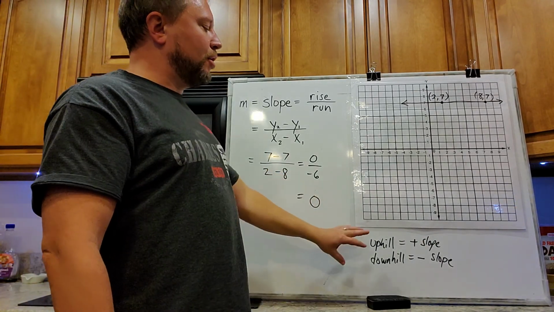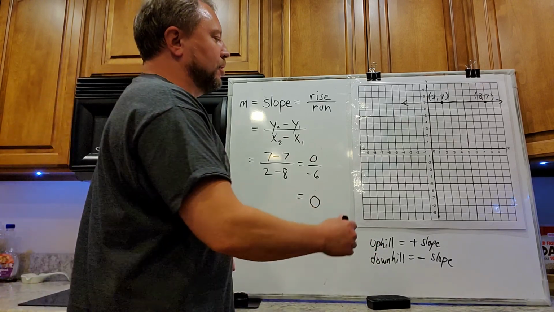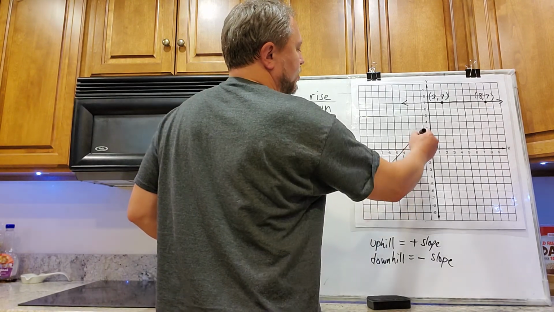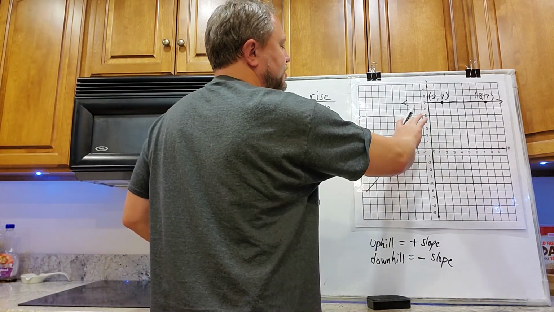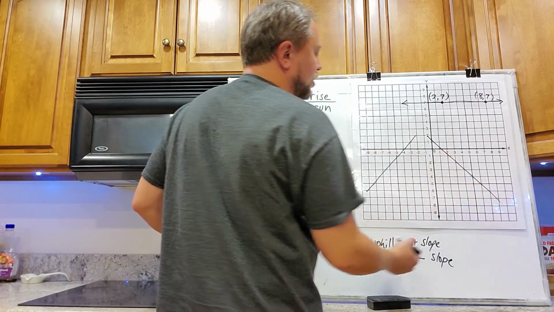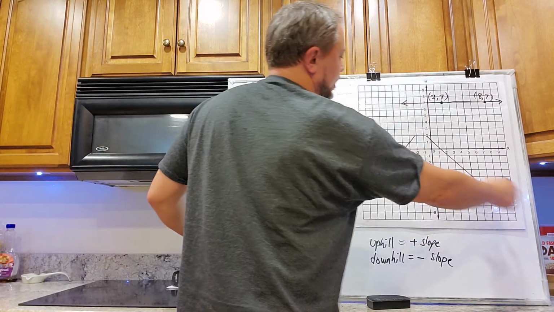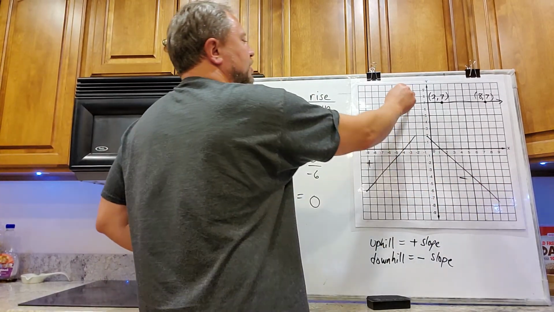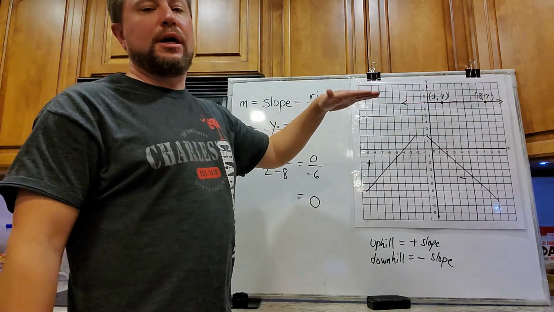Okay, so if you think of all these slopes kind of like skiing slopes, we had our uphill slopes. So, that'd be like going uphill up a ski slope. If you go down a ski slope, there's downhill. So remember, uphill was positive slopes, downhill was negative. Well, this up here would be when you have no hill at all.